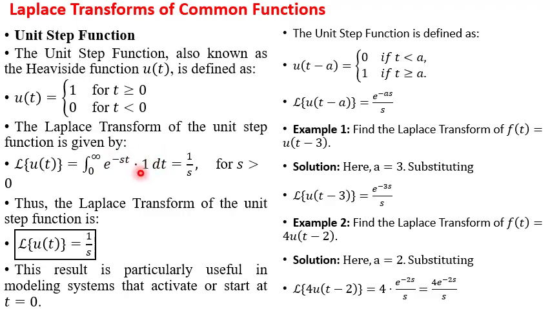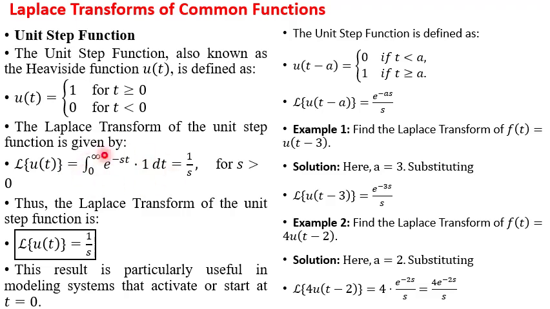This time around we are talking about u of t, and here the coefficient of u is 1, so that is why we've got 1 here.